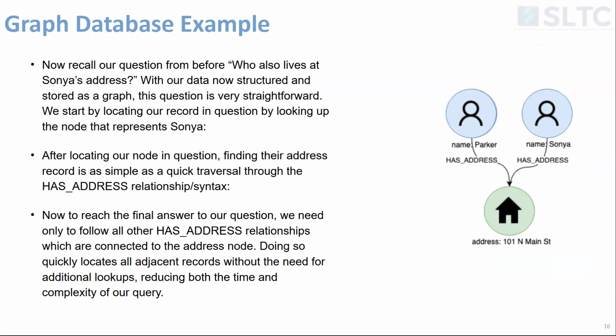And then we do a reverse lookup of going from address to all the other nodes that are connected to the address. Okay. So this way, you notice how easy it is to locate Parker. We found Sonia's address, then we did a reverse lookup of has address to come to the other nodes.